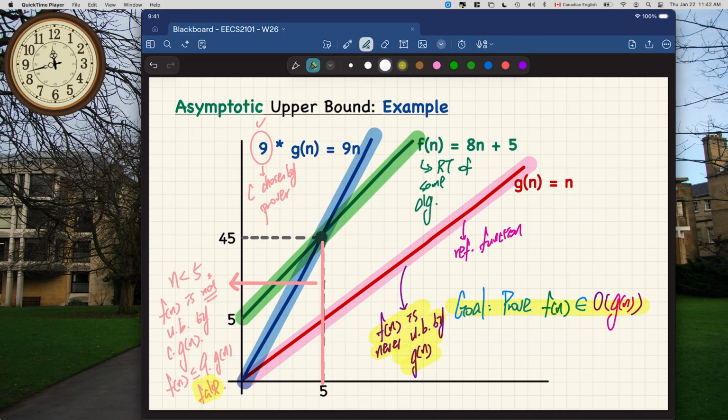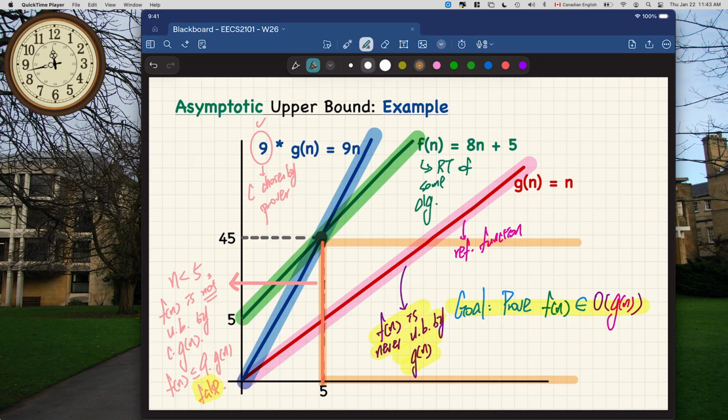However, if you actually try to count starting from 5 itself and towards infinity, right here, this part is where the upper bound effect will always be the case. As long as there's such a point, you're okay.